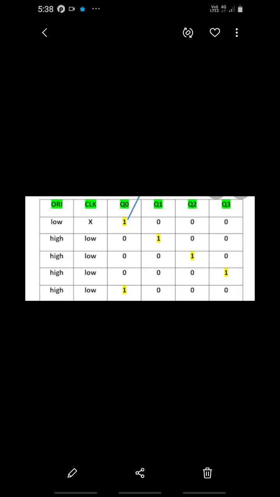Therefore Q0 is equal to 0, Q1 is equal to 0, Q2 is equal to 1 and Q3 is 0. When applying the third clock pulse, that bit is shifted to the third position and the output is Q0 is 0, Q1 is 0, Q2 is 0 and Q3 is 1. And again when applying the fourth clock pulse, the output comes back to the first position. So that is 1 0 0 0.